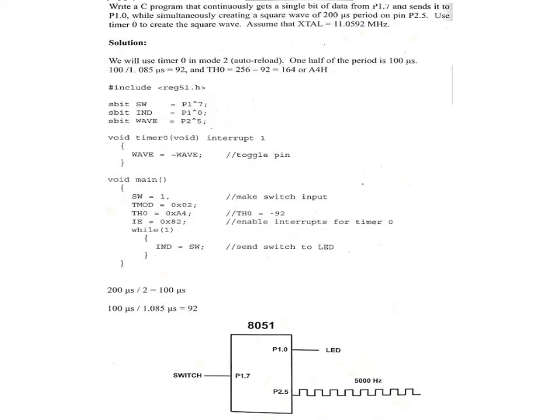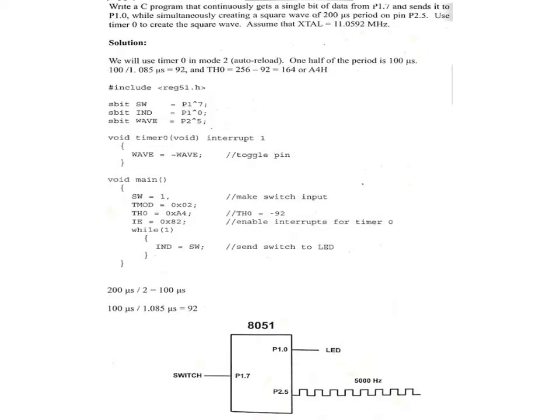So TMOD is equal to 0x02. Then the TH value we have already calculated, it is A4. Since the number is in hexadecimal, we write it as 0xA4. Then we are using timer 0, right? So IE, that is interrupt enable register, is equated as 0x82. We are enabling the interrupt.